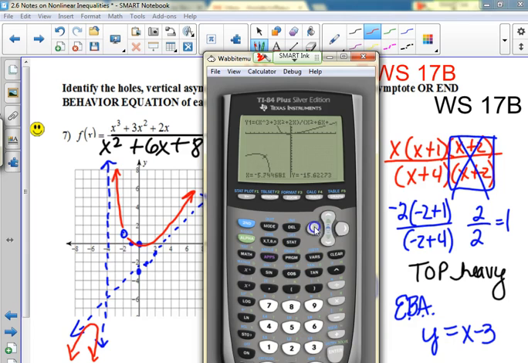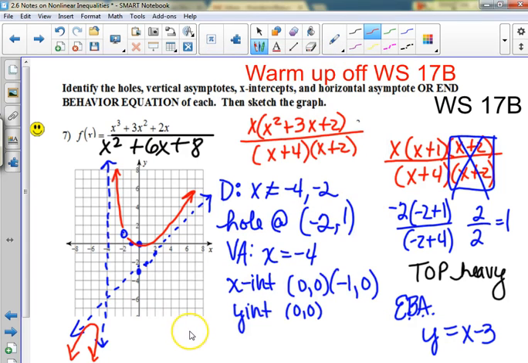It does get up as high as like -14 or something, but it's down there somewhere. It's not going to fit on the graph paper at all, no. Everybody okay? I just wanted to do one that had both a hole and a weird end behavior. And long division, yes.